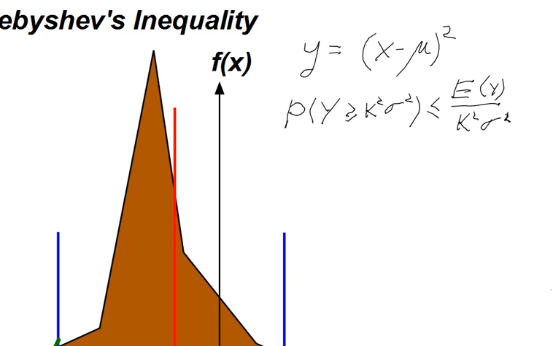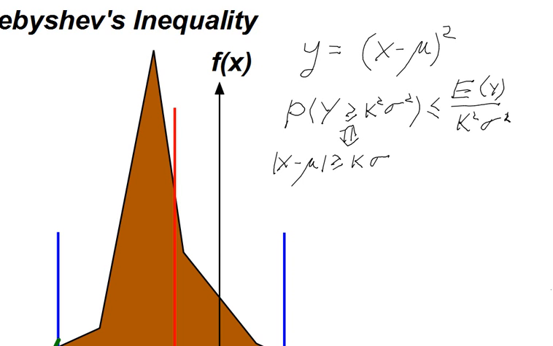If Y is larger than k squared sigma squared, so basically if (x minus mu) squared is larger or equal to k squared sigma squared, then this is equivalent to the absolute value of x minus mu being larger or equal to k times sigma, right?